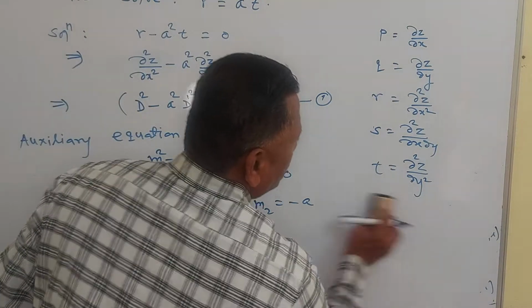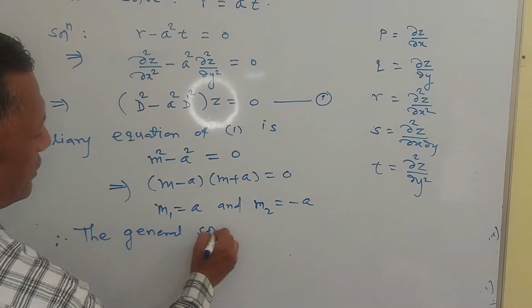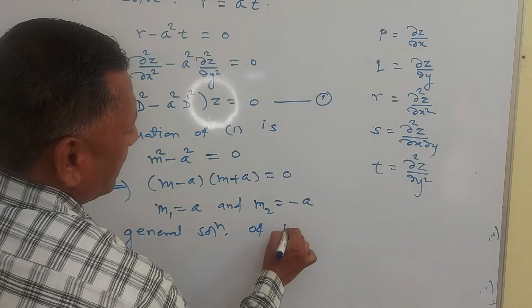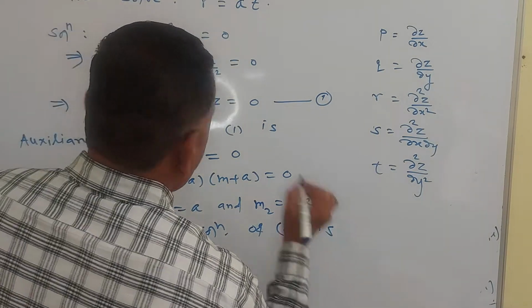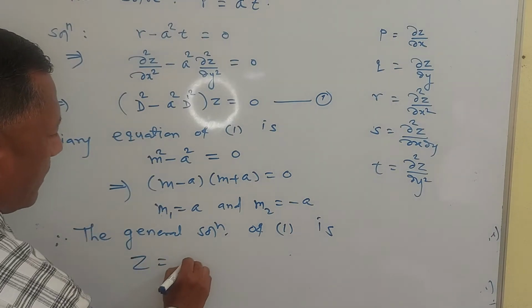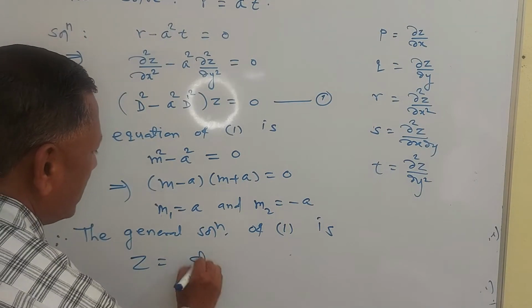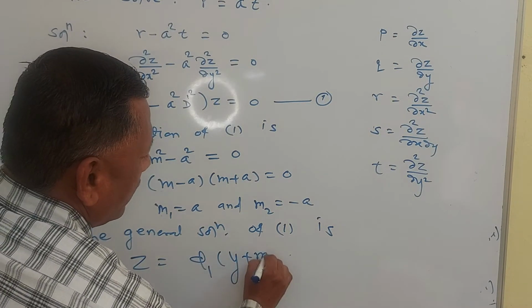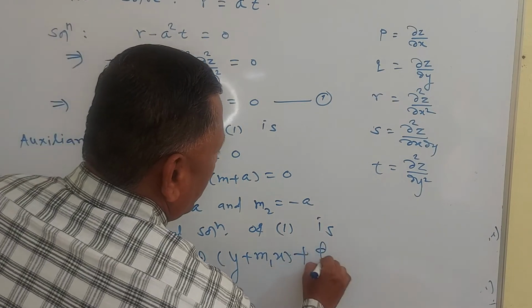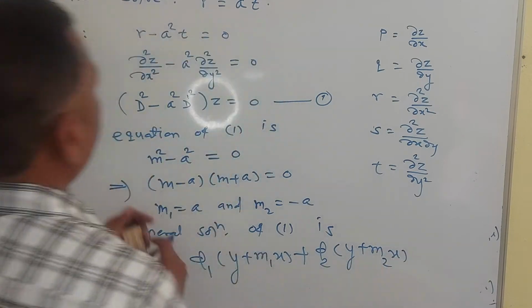Therefore, using these two roots, how can we write the general solution? The general solution of the given equation 1, that is z is equal to, here m1 and m2 are different roots, phi 1 of y plus m1x plus phi 2 of y plus m2x.